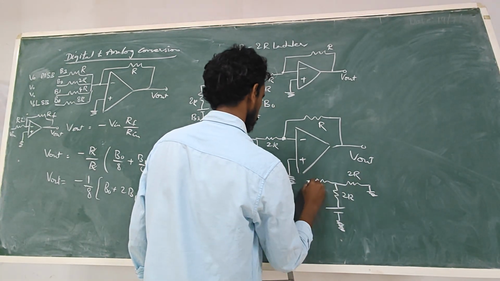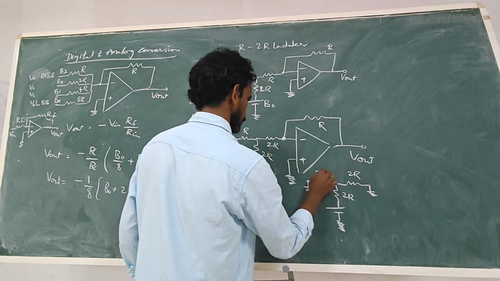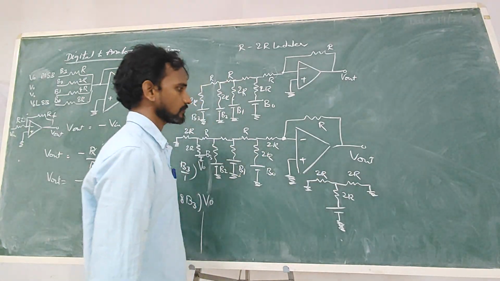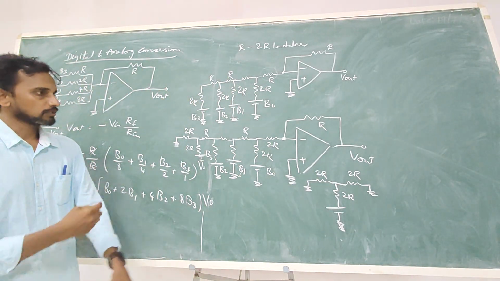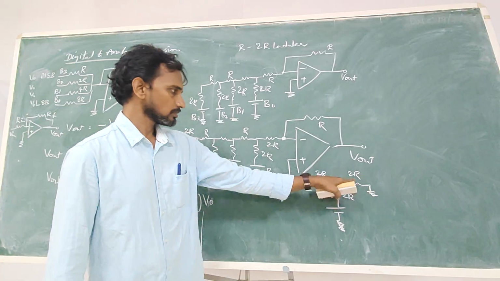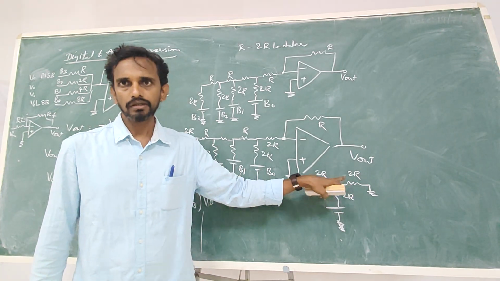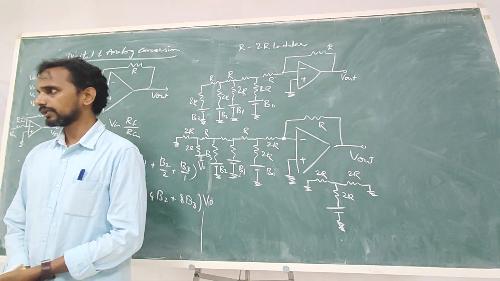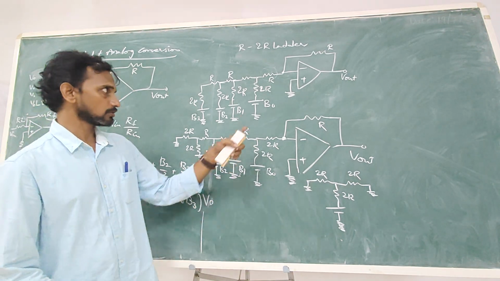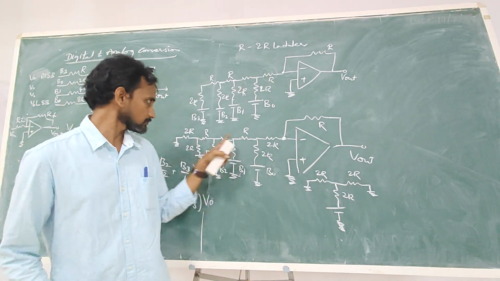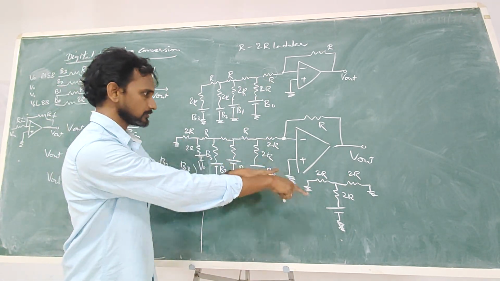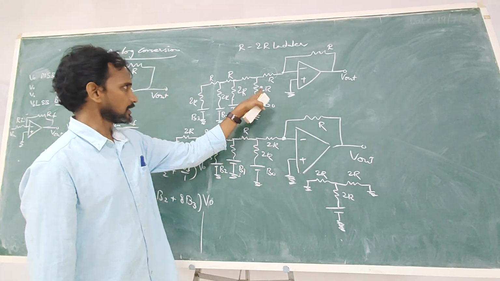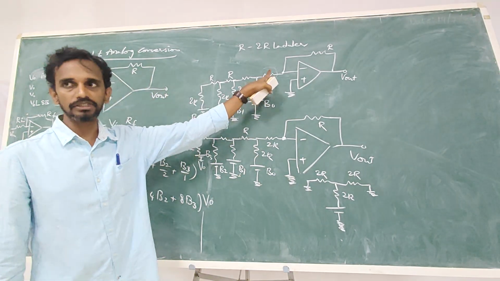And on the other end, what happens is these two will be in parallel, so it will become half of 2R, which is equal to 1R. These two portions will end up with 2R in series with an R.